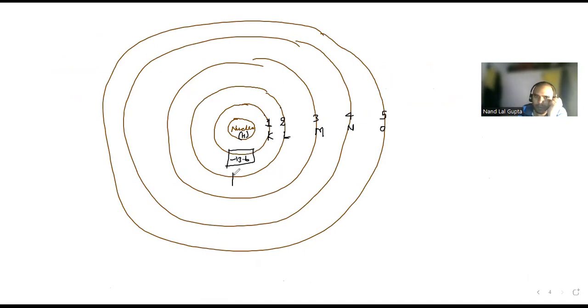And how much is coming for the second orbit? Minus 3.4 electron volt. It is also electron volt. And so on, it will go further. Something will come for this one and this one, right? So this is for the hydrogen atom.